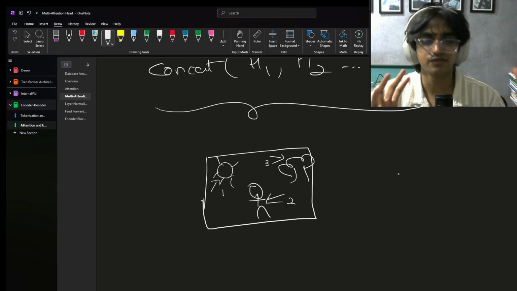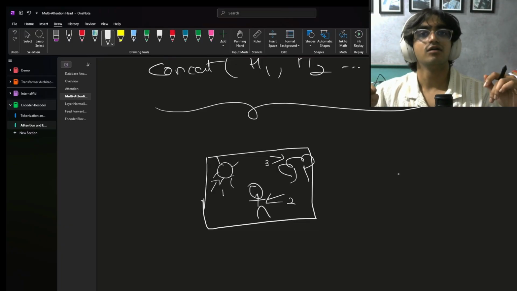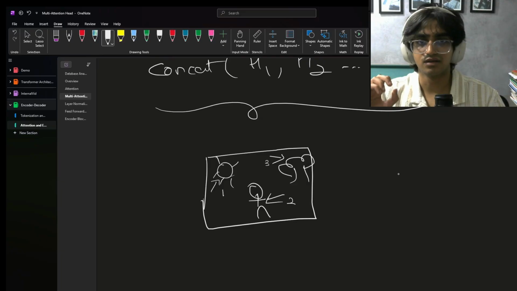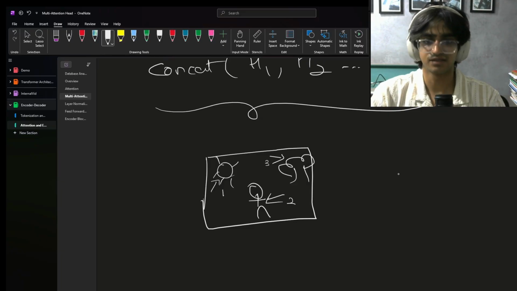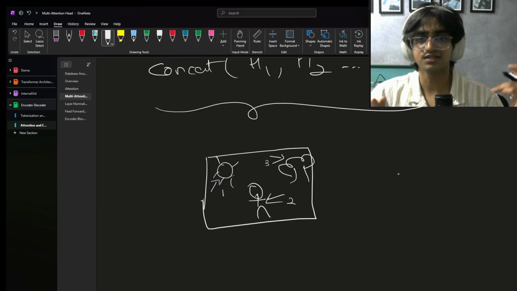So we've gotten the different attentions from each of the heads. Each of them paid attention to a different part of the data. But the issue is none of them have communicated with each other. So one does not know that two exists, two does not know about three, and vice versa. There's no crosstalk between them.